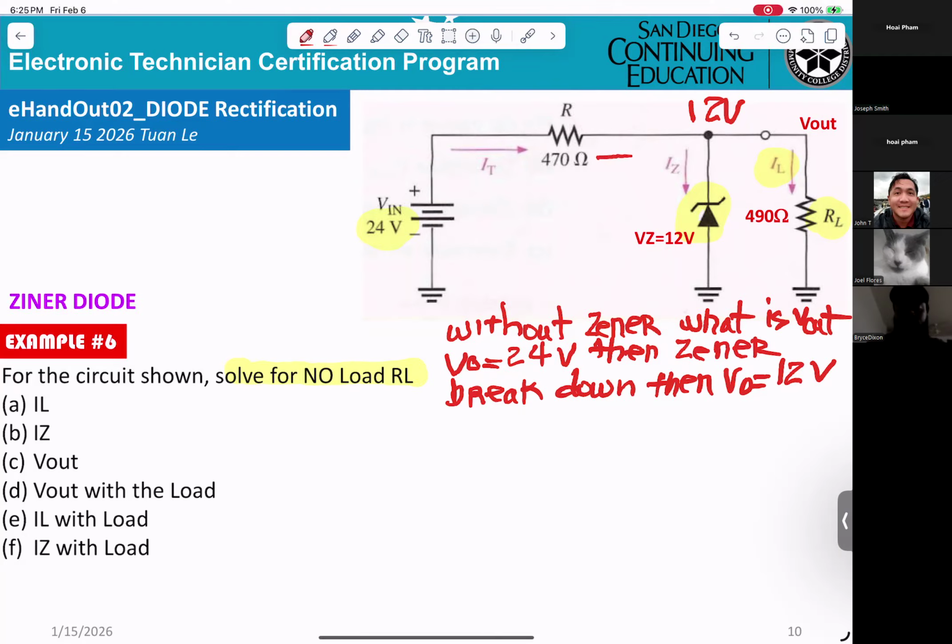That will be the current I total going down here, current IZ, current IL here. So basically IL, there is no load, so IL will be 0, correct? Correct.